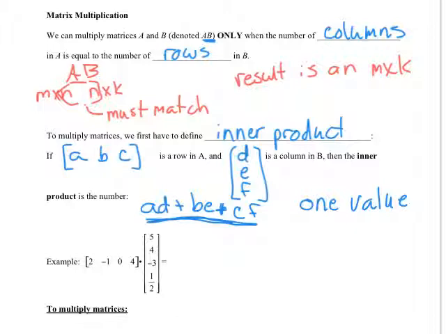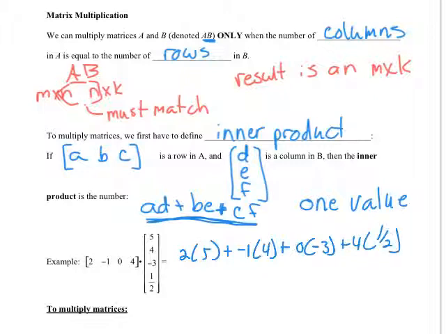So 2 times 5 plus negative 1 times 4 plus 0 times negative 3 plus 4 times 1/2. 10 minus 4 plus 0 plus 2. So I think that's 8. Again, we get a single number when we're done.